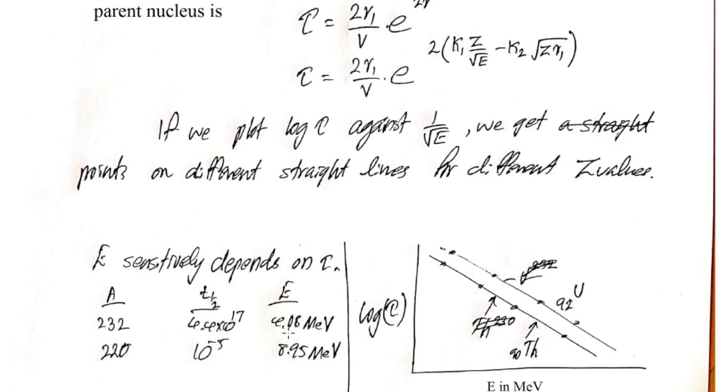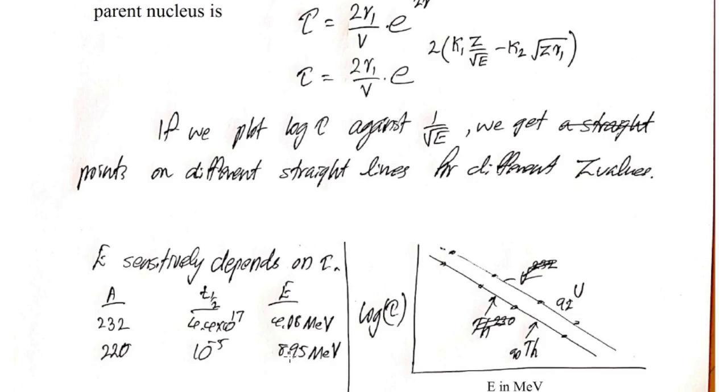For example, if the energy of the alpha particle is 4.08 MeV, which is possible for some experimentally observed radioactive nucleus with mass number 232, the half-life is found to be 4.4 into 10 raised to 17 seconds. But at 8.95 MeV, that is a highly energetic alpha particle, the half-life is only 10 raised to minus 5 seconds.